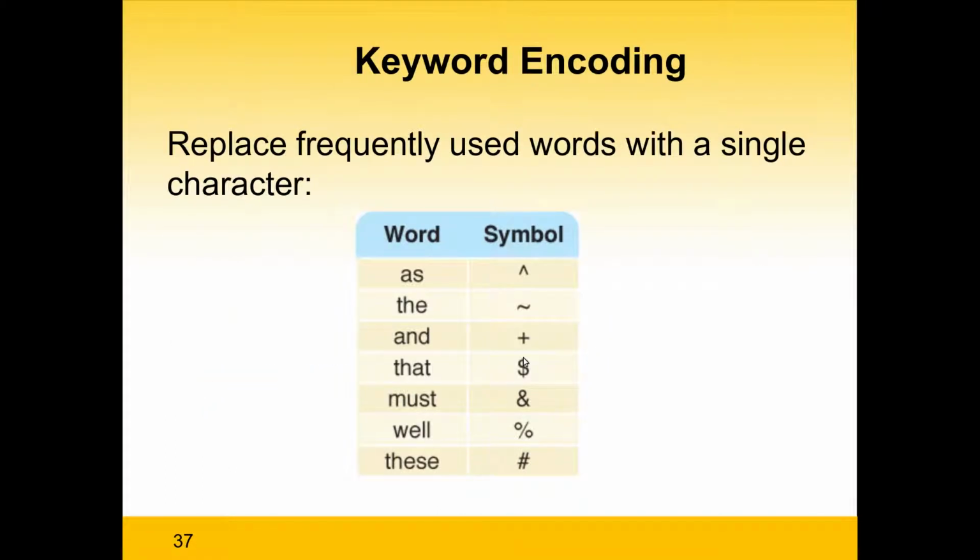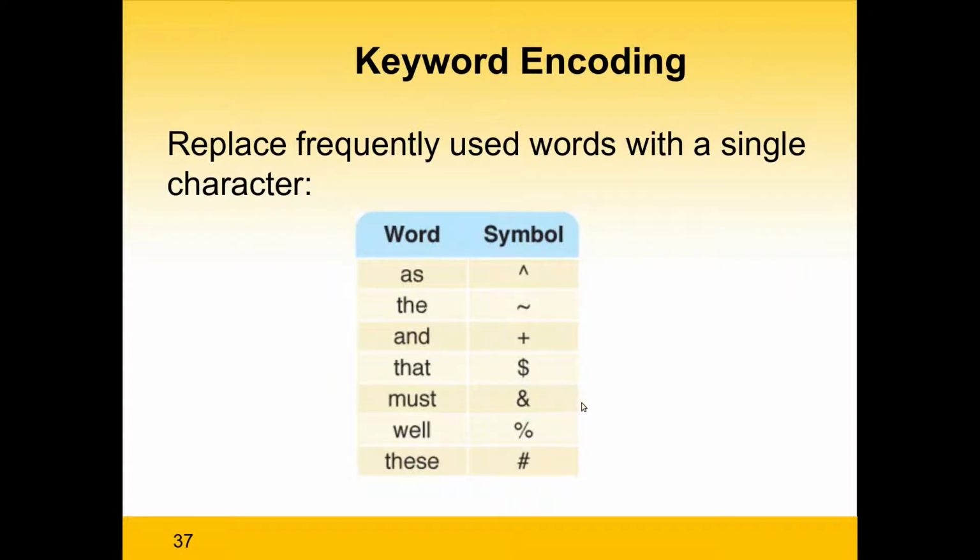So the keyword encoding, for instance, basically replaces frequently used words with a single character. The word "the" is used a lot in the English language, and if we could just replace it with the tilde symbol, then we will be saving 3 minus 1, 2 characters.